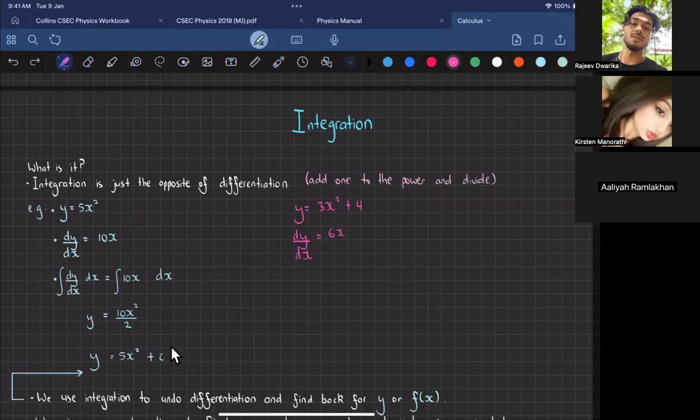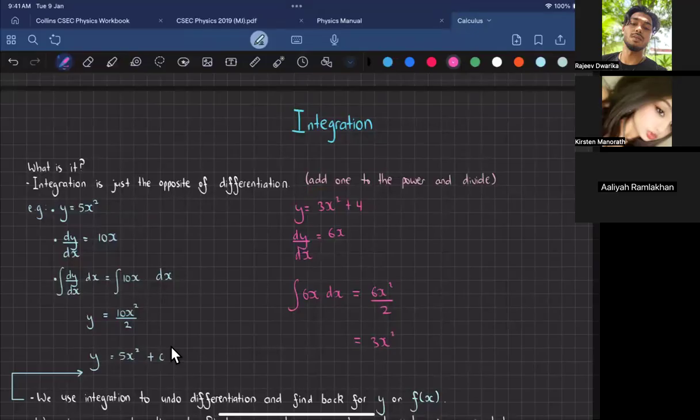So we lose the 4 completely, didn't we? Yeah. So if I go to integrate 6x dx, what am I going to get? Add 1 to the power first and then divide, so you're gonna get 6x squared over 2. Right, but we don't have anything again, right? No. But in the original thing, we had plus 4. What's the only thing I'm getting back?